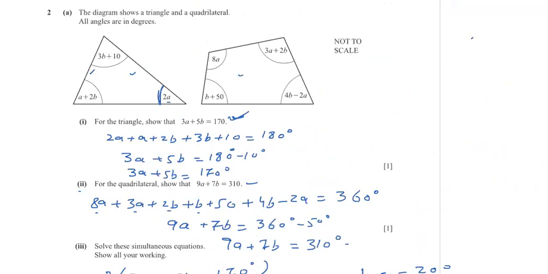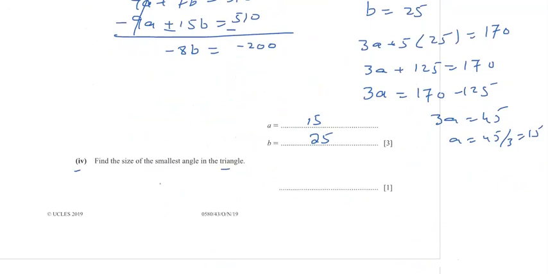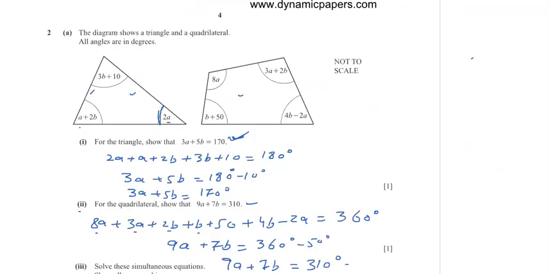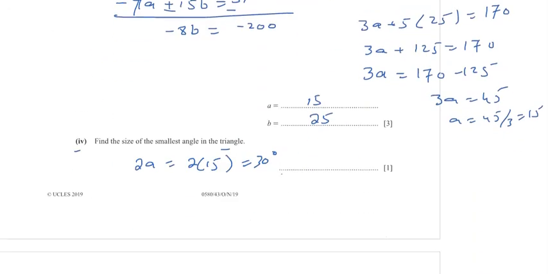So the smallest angle is 2a, 2 into 15, which is equal to 30 degrees. You can verify also. This is 15 plus 2 into b. Obviously, this will be greater than 2a. This is 3b plus 10, which will be greater. So the smallest angle in the triangle is 30 degrees. I can write it: smallest angle is equal to.